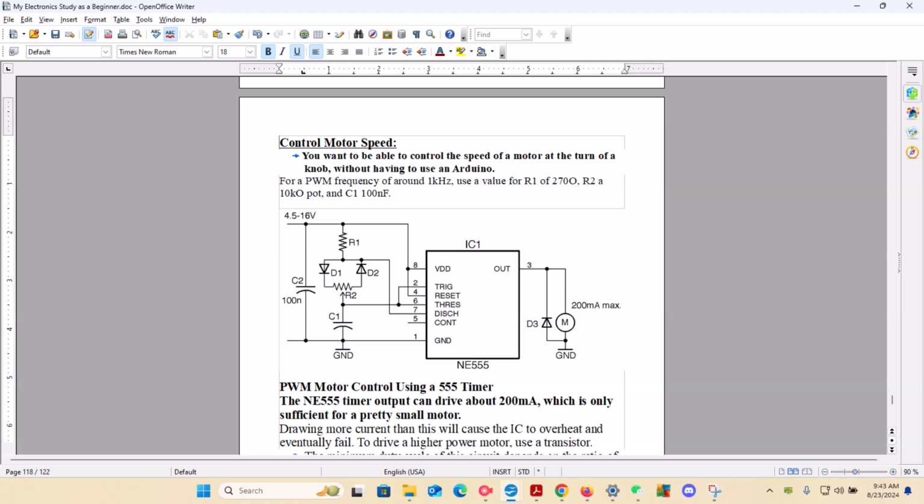It can go to diode 1 or diode 2. Diode 1 will go through resistor 2, then from there go to capacitor 1 and then to ground.